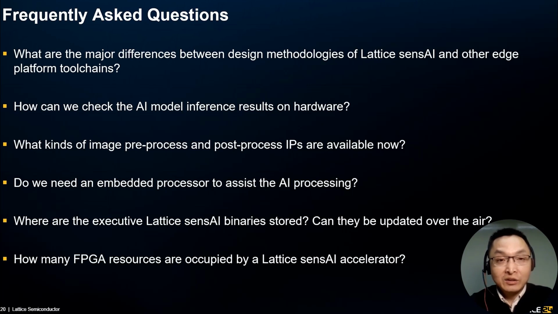Then we can start the evaluation. The third method is to build some customized platforms, such as what we did for the color sort design, and the customer can build their own evaluation systems.